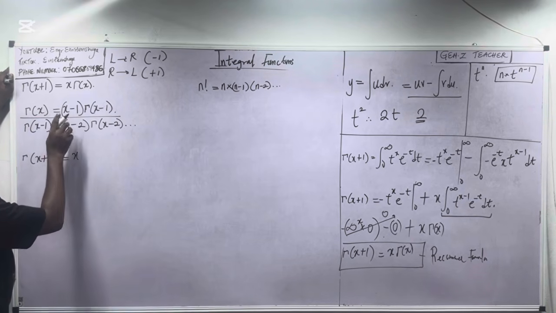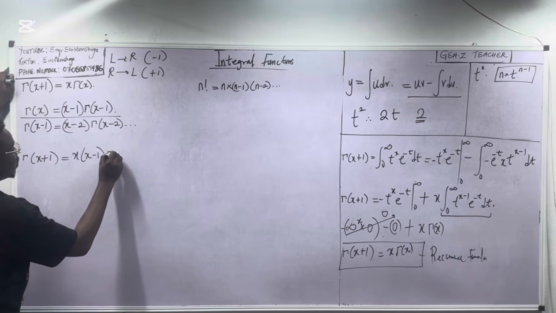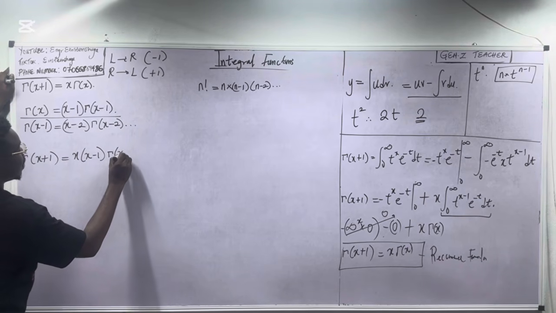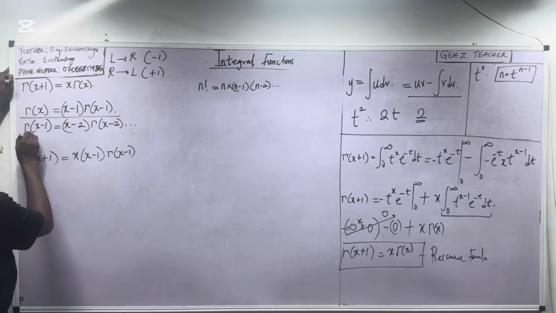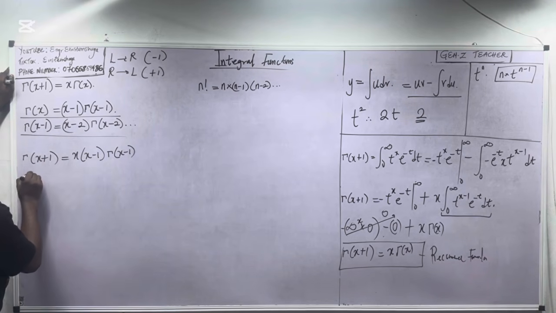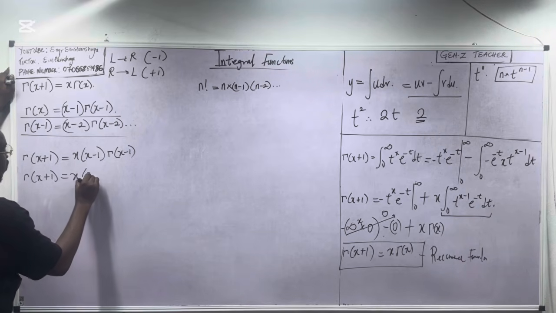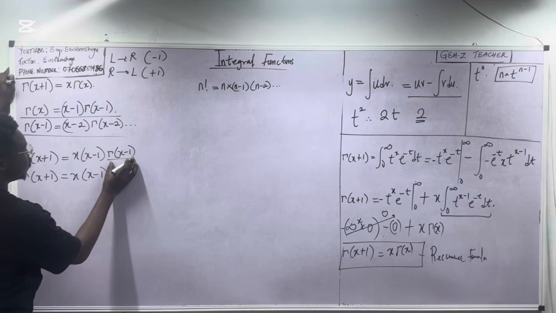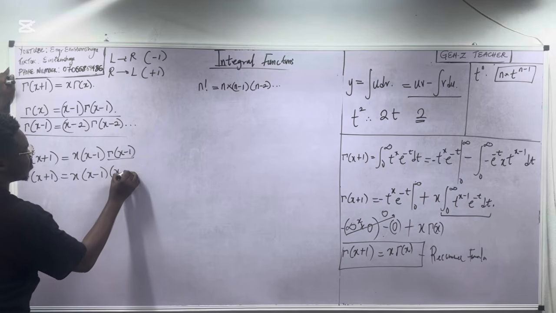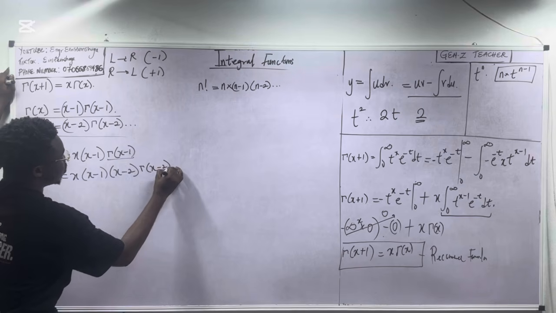Okay, the gamma of x is x minus 1 and then the gamma of x minus 1. Now what's the gamma of x minus 1? It's over here again. So I can say the gamma of x plus 1 becomes x first, x minus 1. Now the gamma of x minus 1 becomes x minus 2 times the gamma of x minus 2.